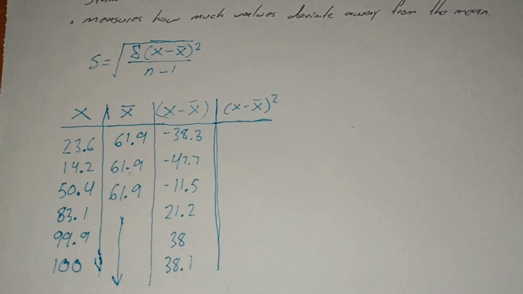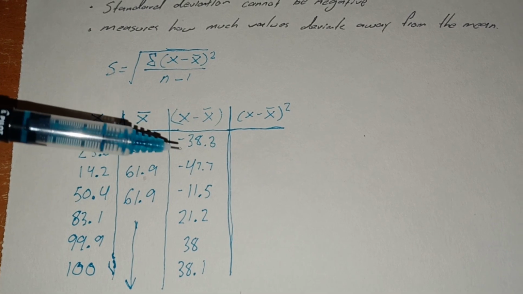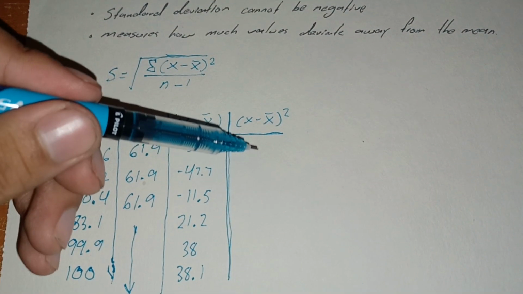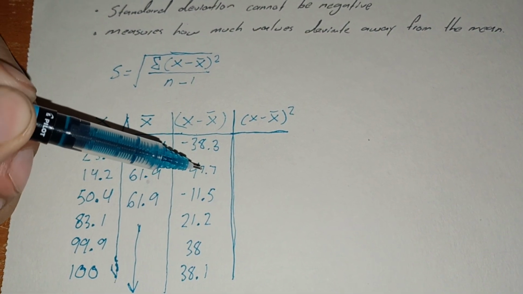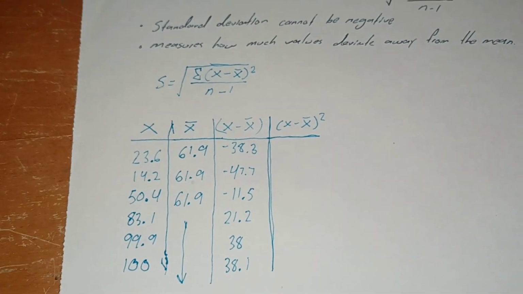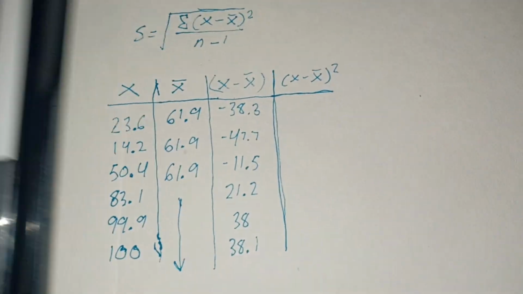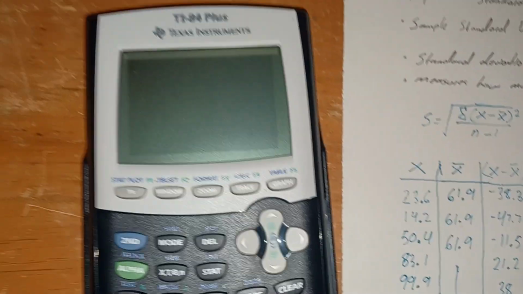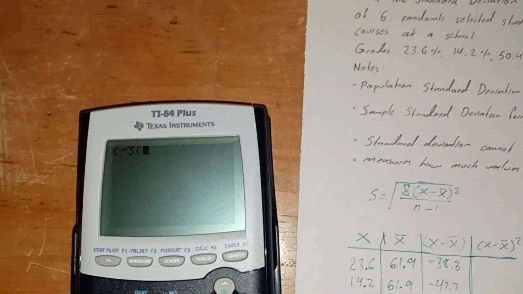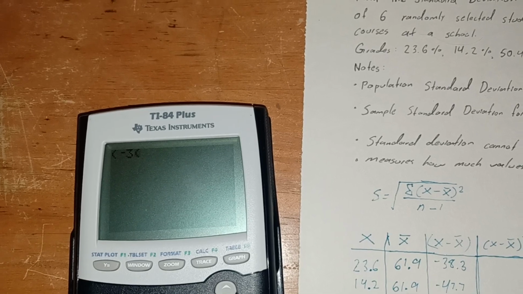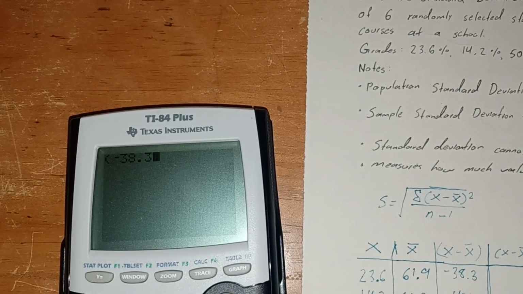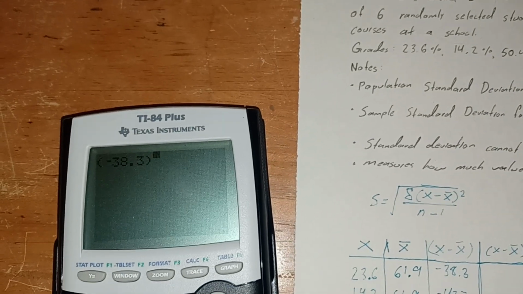All right. So it wants us to, for example, take negative 38.3 and square it and put it right here. Same with negative 47.7 squared and put it right here. So let's go ahead and do that right now. So parentheses, negative 38.3, parentheses squared.